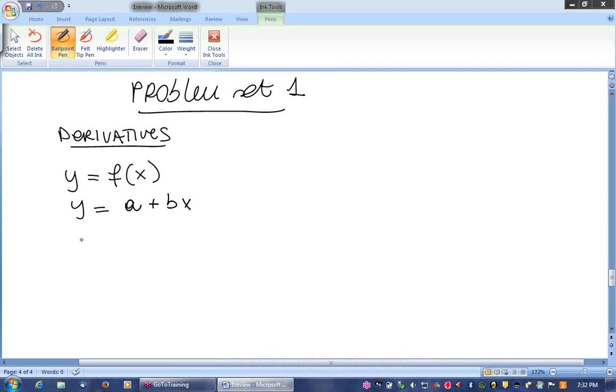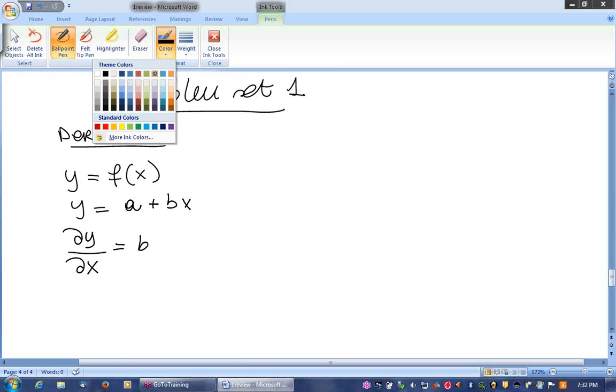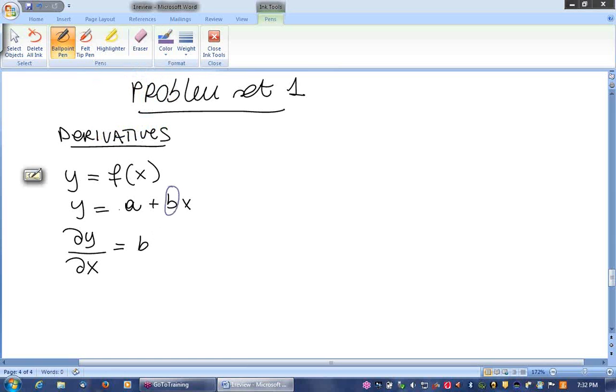And we want the derivative of y with respect to x. This will be equal to b, the number in front of x. So this number is the derivative of y with respect to x, okay?